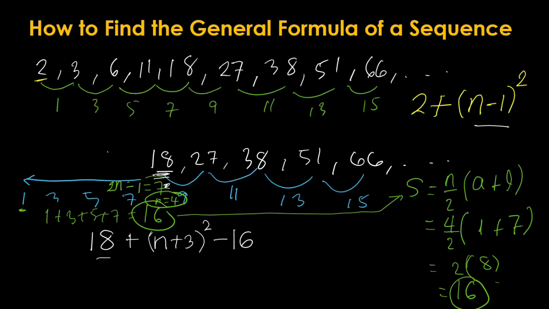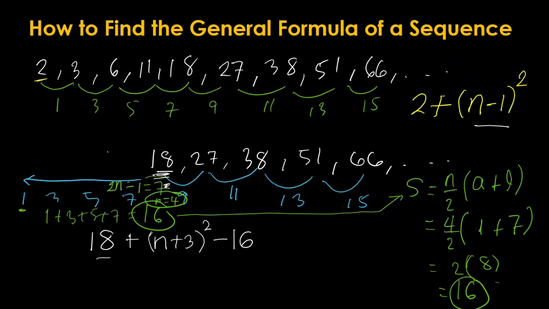Hence, let's check if this is really true. When our n is 2, it's gonna be 5. 5 squared is 25. 25 minus 16 is 9, and 9 plus 18 is 27.